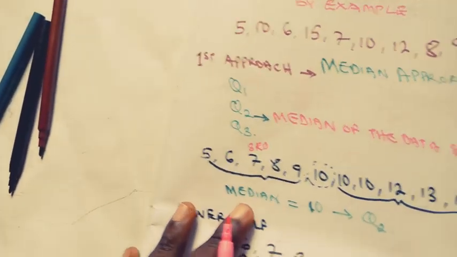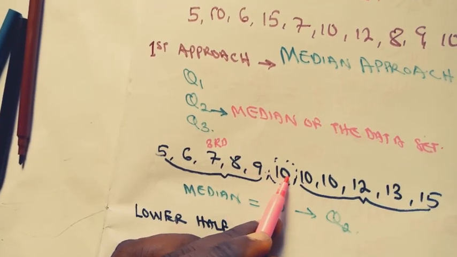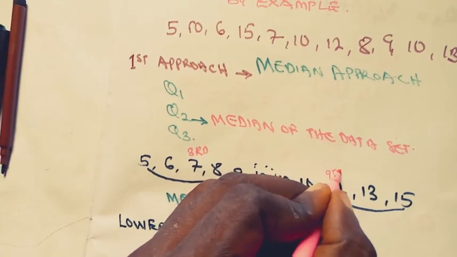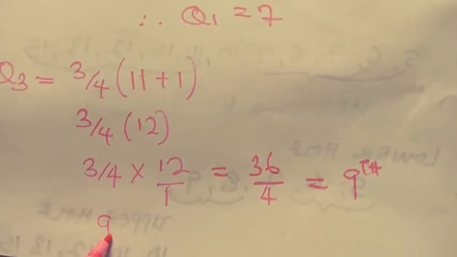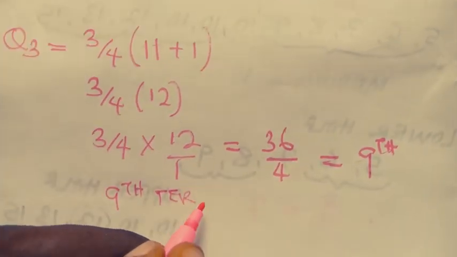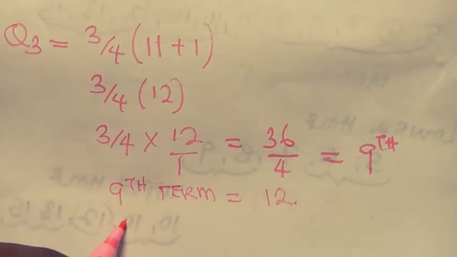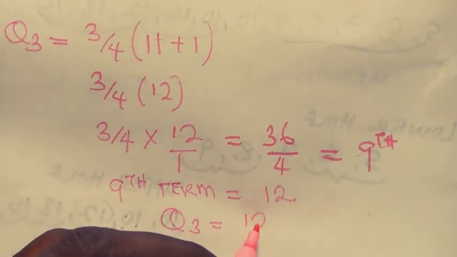Going back, this is the 3rd, the 4th, the 5th, the 6th, 7th, 8th, and the 9th term, and that is 12. So the 9th term is equal to 12. Therefore, Q3 is equal to 12.